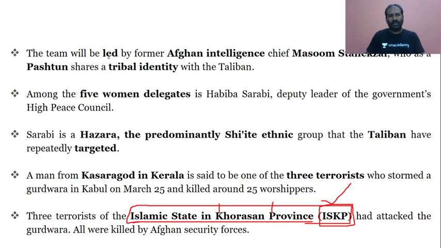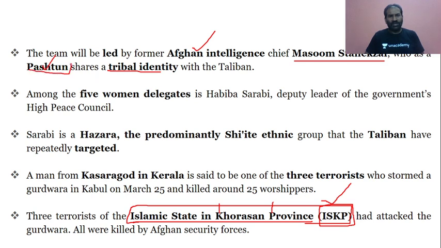This team is led by the Afghan intelligence chief, Masoom Stanekzai, who is of the Pashtun tribe identity. Just for information, the 21 member team which would negotiate with the Taliban is led by Masoom Stanekzai, who is of the Pashtun tribe, one of the tribal groups in Afghanistan.